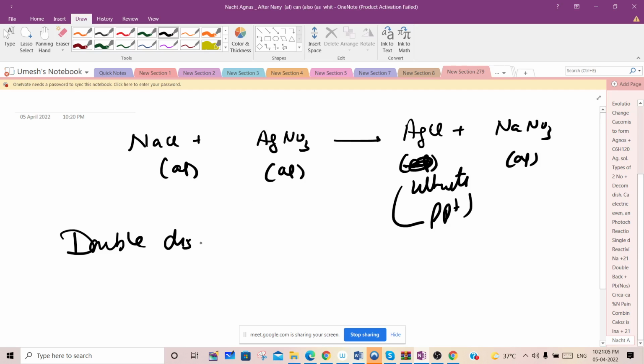So can we say it is a neutralization reaction also? No. It is not an acid and a base, so it is not a neutralization reaction. I would call it a double displacement reaction. It is also known as a precipitation reaction.